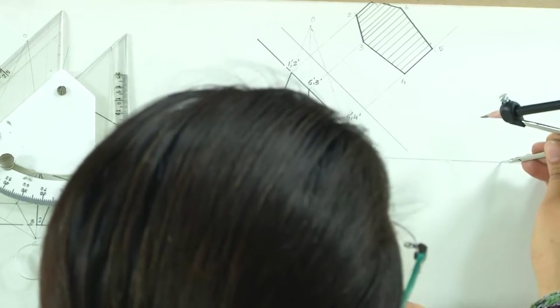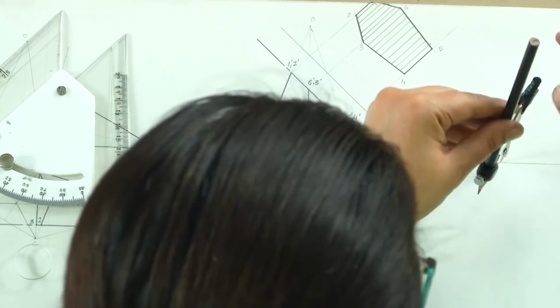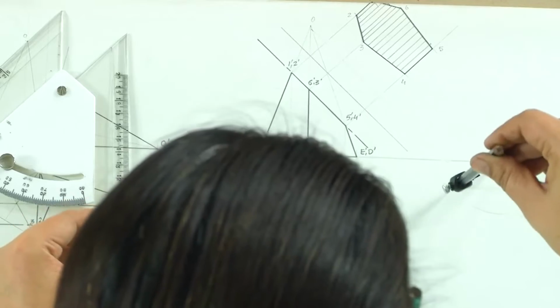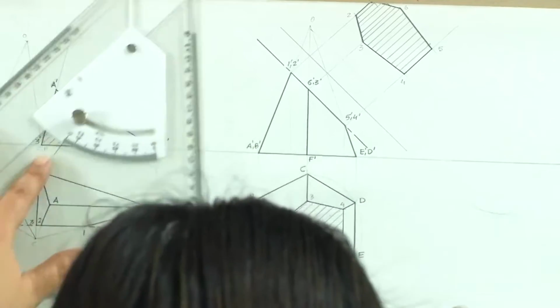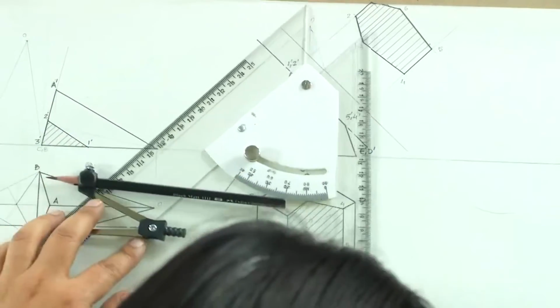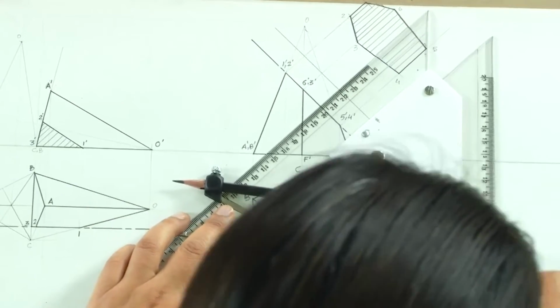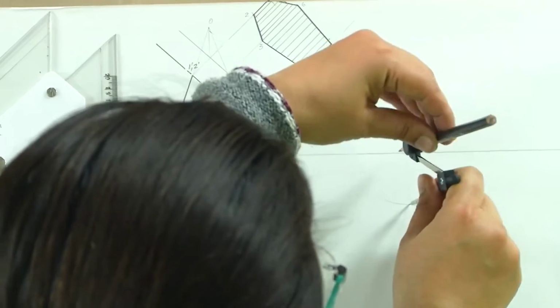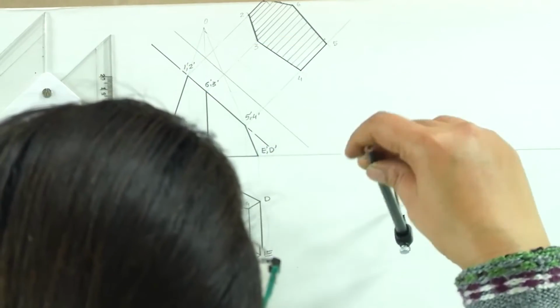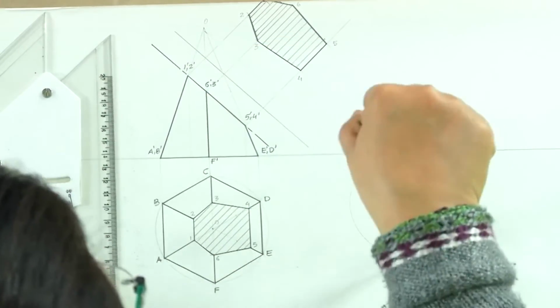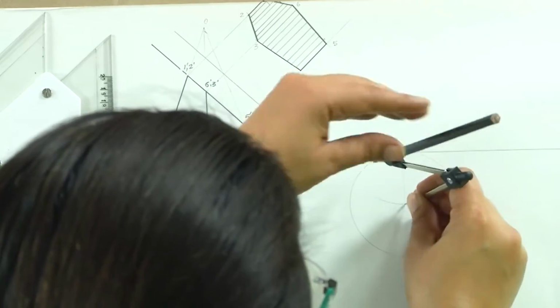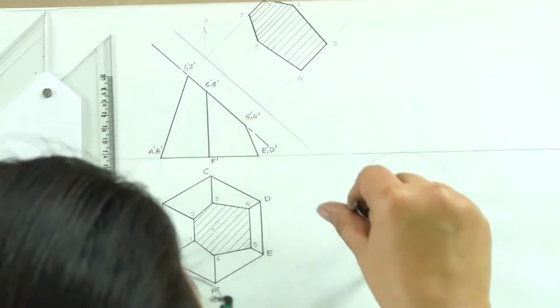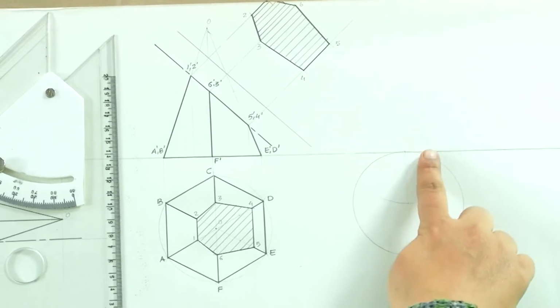In this case, I am assuming that one of the points is going to be on the reference line. So we are going to draw it in such a manner that the same pyramid is placed with one of its points of the base touching the reference line.